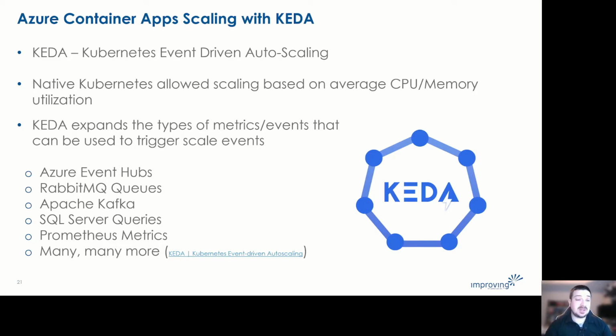I've mentioned just a handful of them here. There's a link on this slide of all of the different plugins and different things that KEDA can monitor. So Azure Event Hubs, RabbitMQ queues, Apache Kafka, SQL Server queries. Write a query to SQL Server, and depending on the results, scale up or scale down. Prometheus metrics, many, many more.